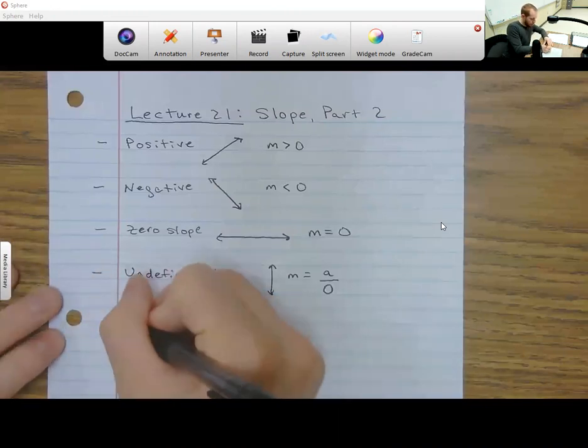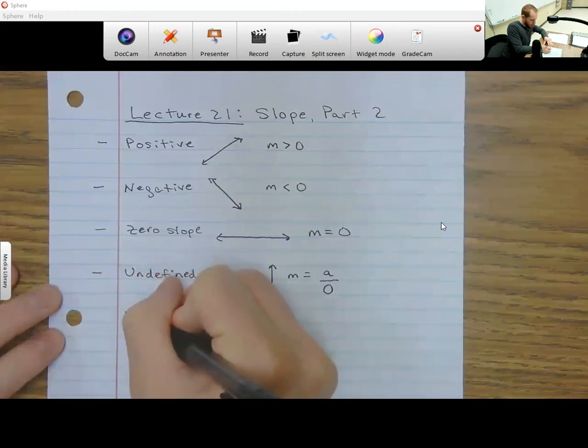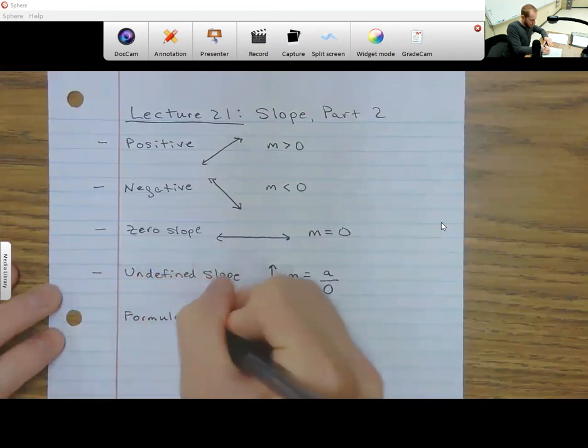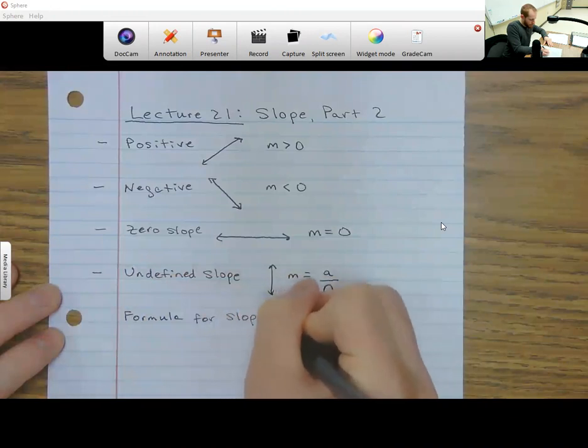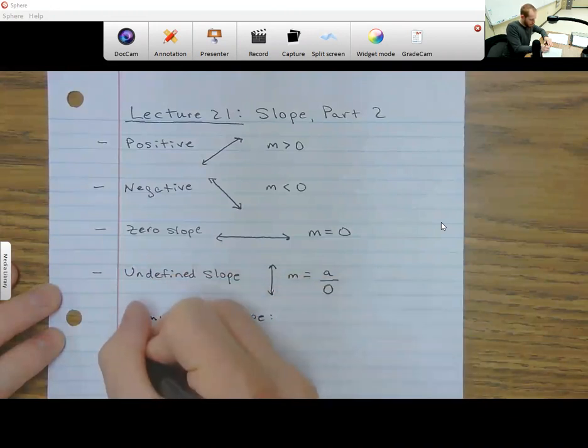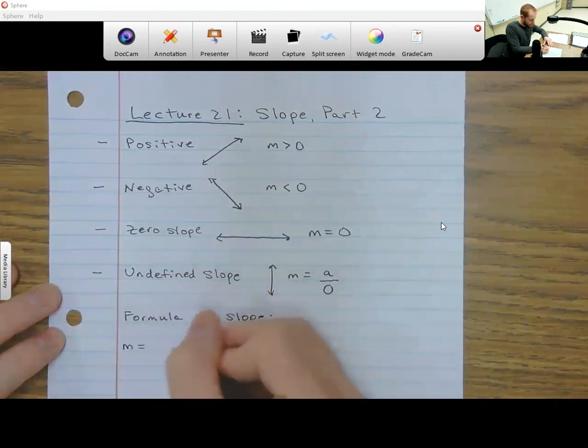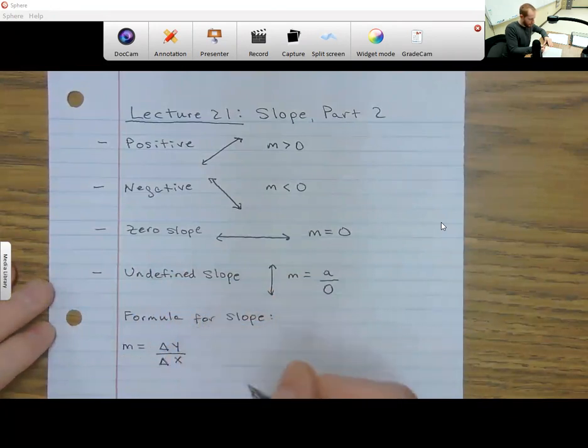The formula for slope is m equals change in y on top over change in x on the bottom.